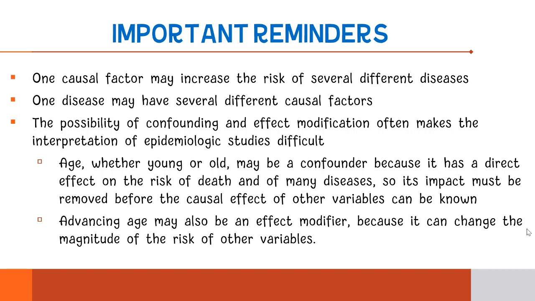We saw examples with regards to age, whether young or old, as a possible confounder, especially advancing age, because with age our body systems change. For example, if you are old, your immune system is no longer as good as that of the young. So that is why age is a common confounder, and going back to what we discussed, we can restrict it.